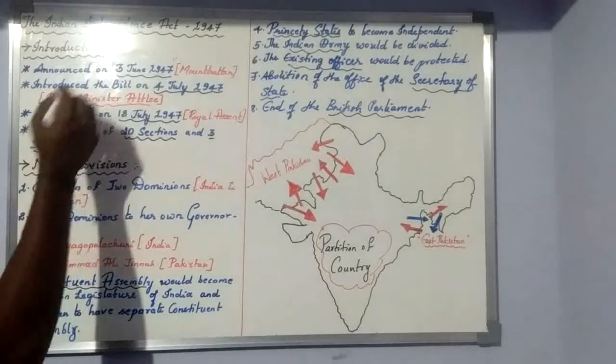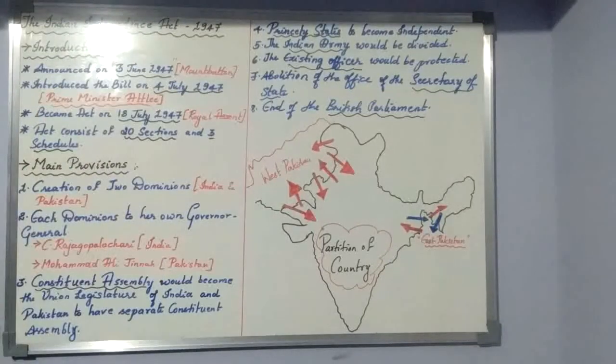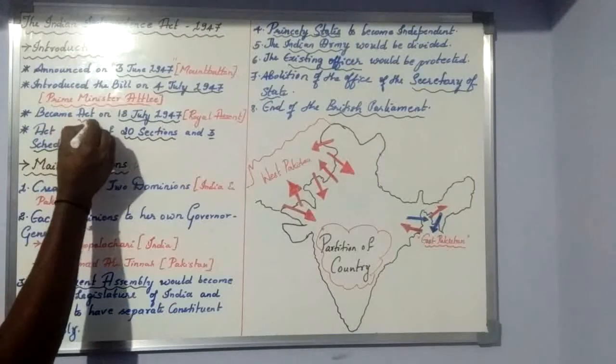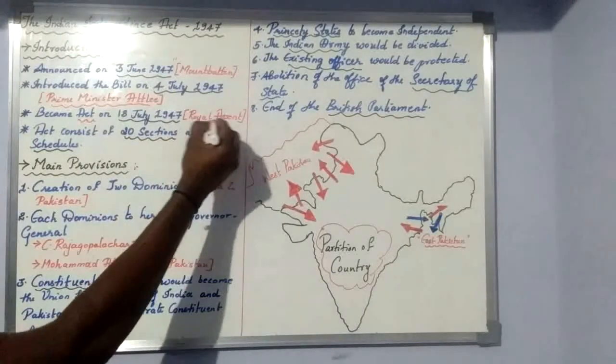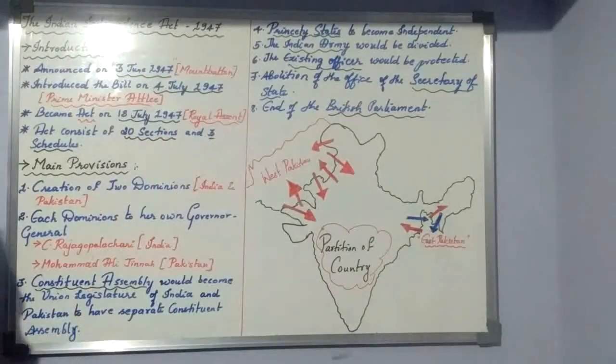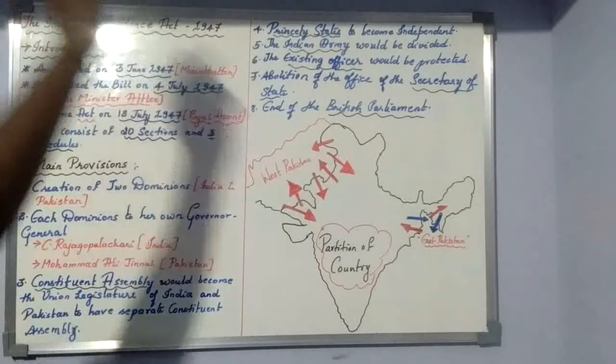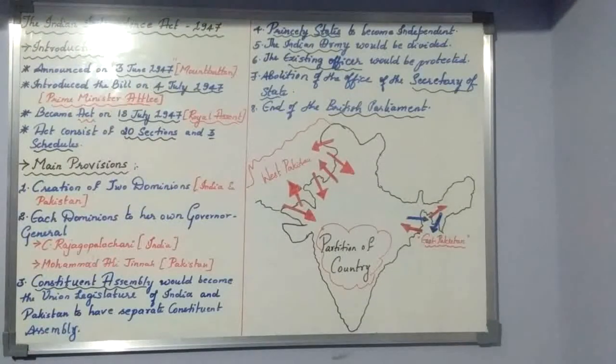Finally, the bill introduced by the British Prime Minister became an act on 18th July 1947, by the assent of the royal head of the British government. They gave their signature and accepted the Indian Independence Act.